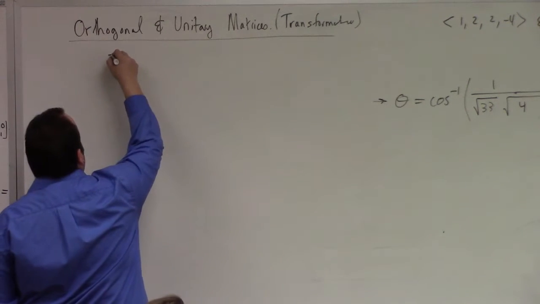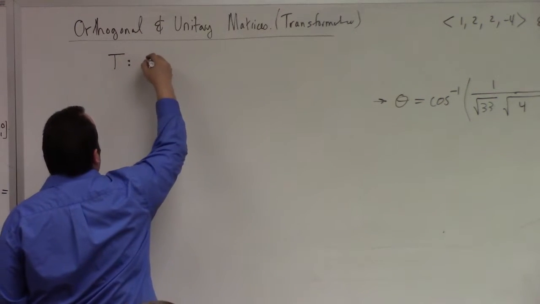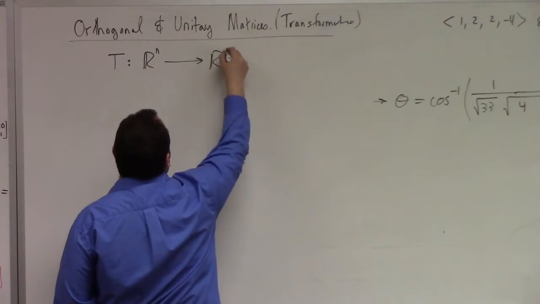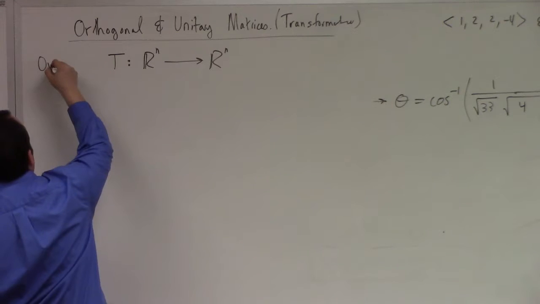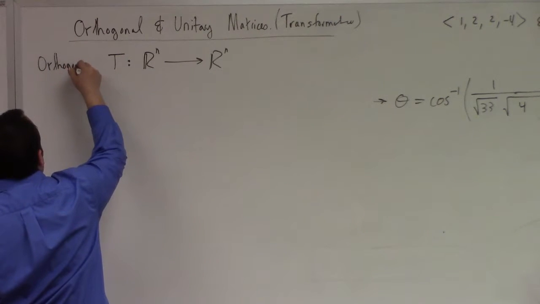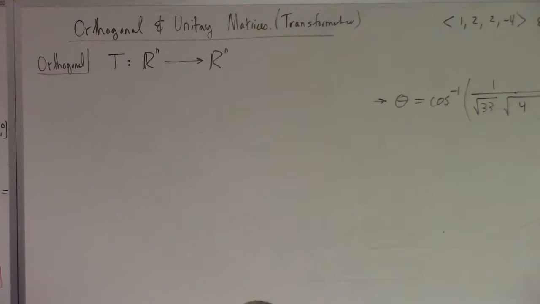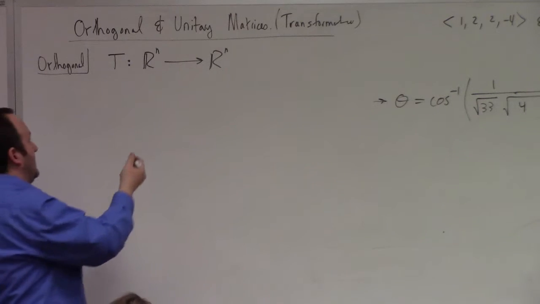So, think about a transformation that goes from, say, Rn to Rn. I'll start with the orthogonal, okay? I'll start by trying to describe to you what an orthogonal transformation is. The idea of an orthogonal transformation is the following.